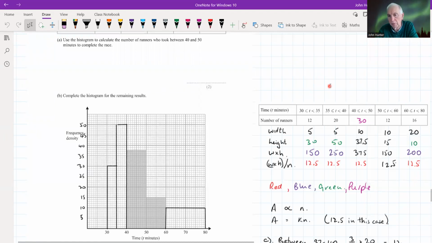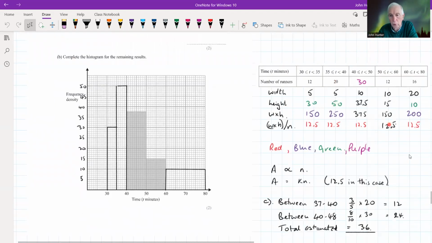Well, we'll do the whole thing all in one go, and then part A will fall out from what we're doing. So I've drawn the chart here. Now we need to add some rows, because of the way they've written this table.